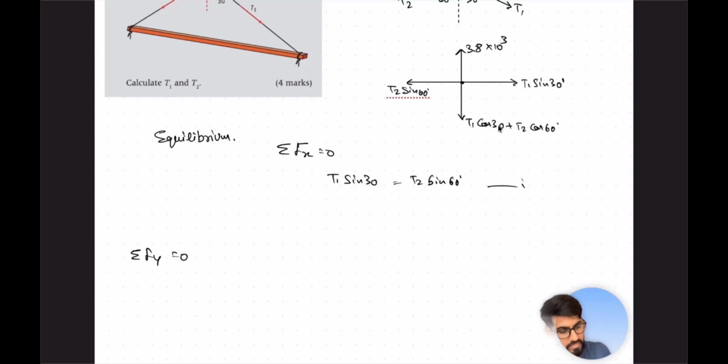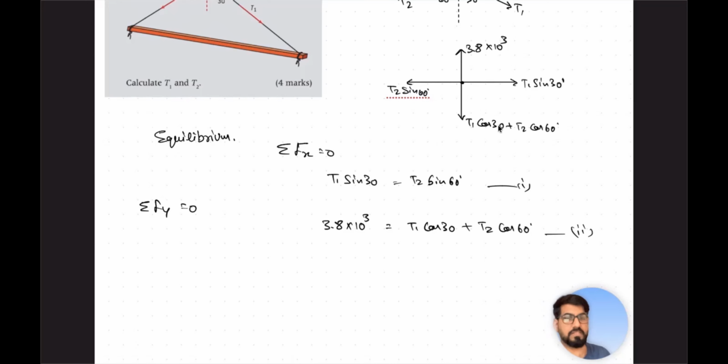So this is my equation 1. Similarly, for Fy, if I make the vertical equation, 3.8 into 10 raised to power 3 equals T1 cos 30 plus T2 cos 60, right? This is my equation 2.